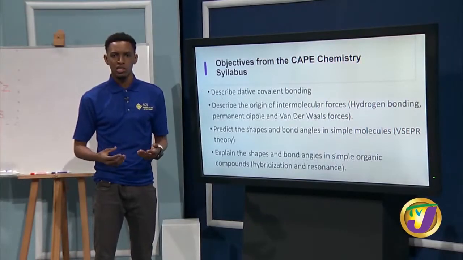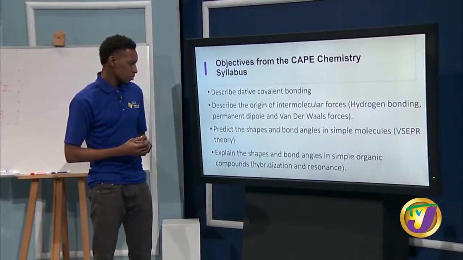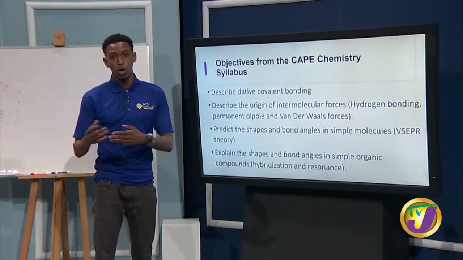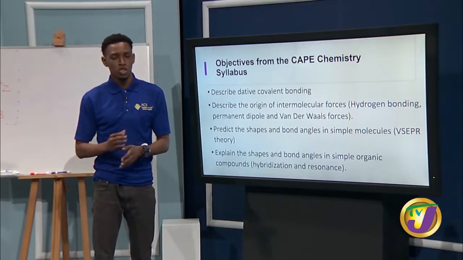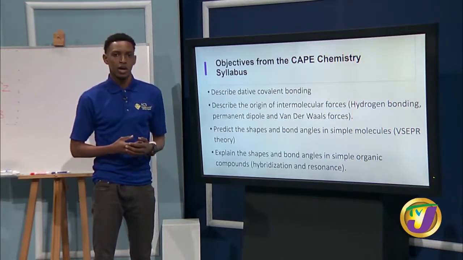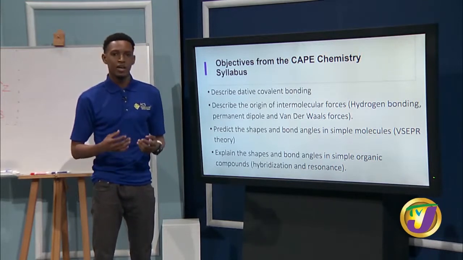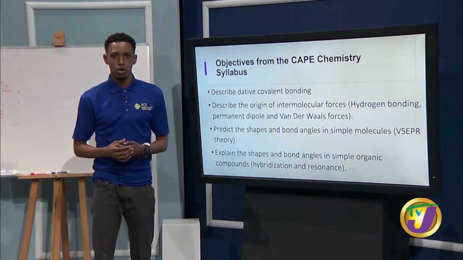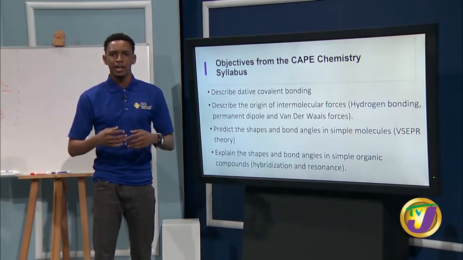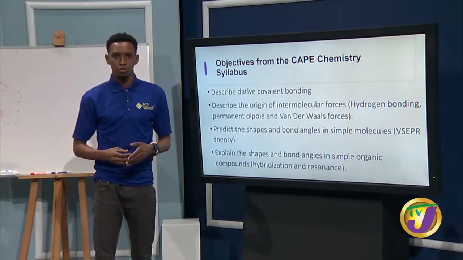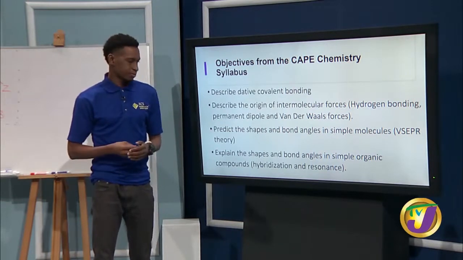There's also protein and DNA. The permanent dipole, we describe as a molecule in which one of the atoms is much more electronegative than the other atom. An example of this would be HCl. We described the van der Waals instantaneous dipole or induced dipole. A molecule that exhibits this would be bromine, where the molecules come together and one molecule induces the other molecule to have a dipole moment.